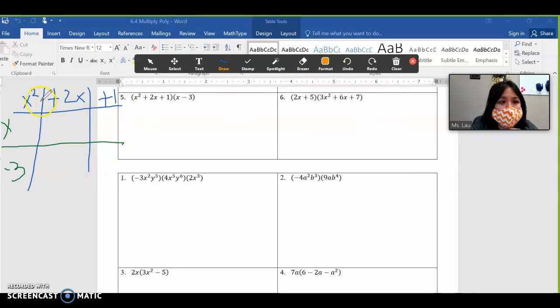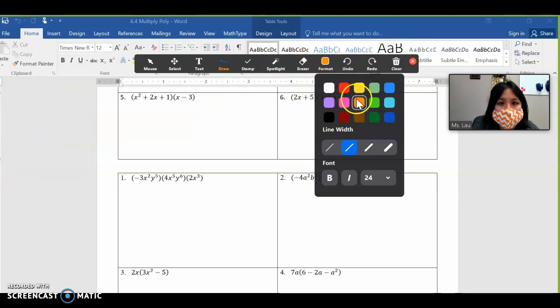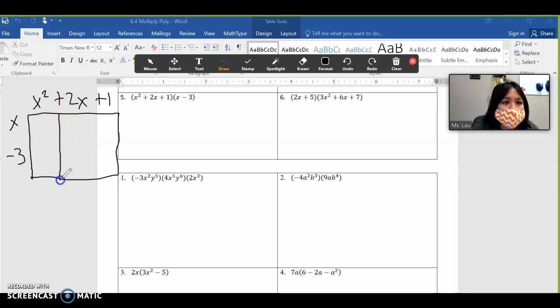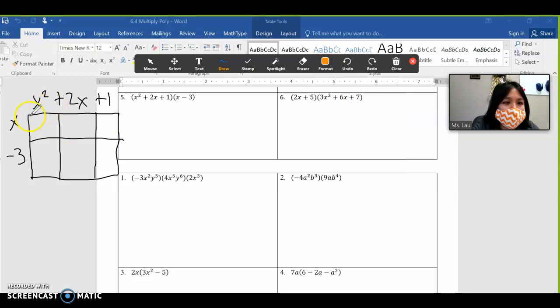Okay, and then we're just going to multiply. Let me write that better. Okay, x squared plus 2x plus 1. That's going to go on the top of the box. And then x minus 3 goes on the side of the box. So we need 3 columns and 2 rows, just like that. Okay, let's go and multiply.